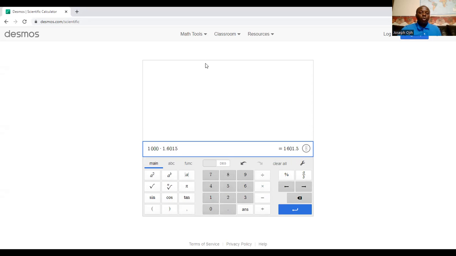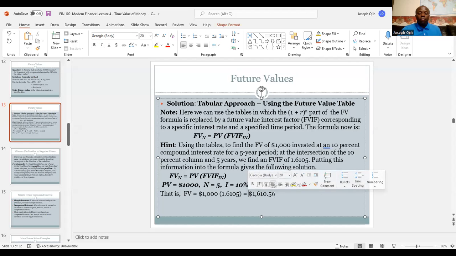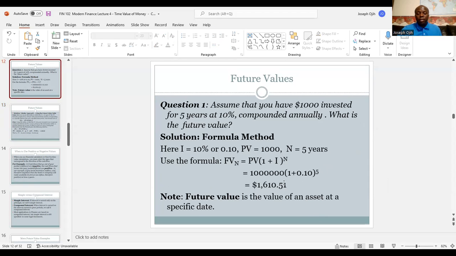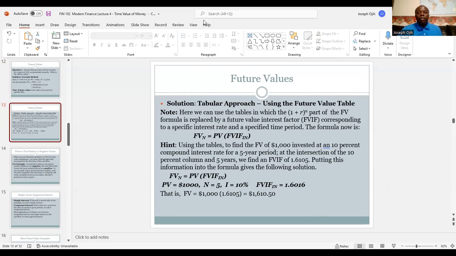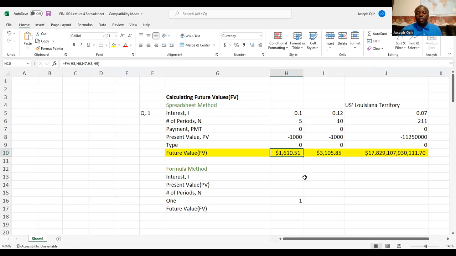1,610.50, which is the same answer we got when we used the Excel or formula method. You can see right here the same answer from the formula method, and if you look at what we have in Excel, you can see the same answer right here.